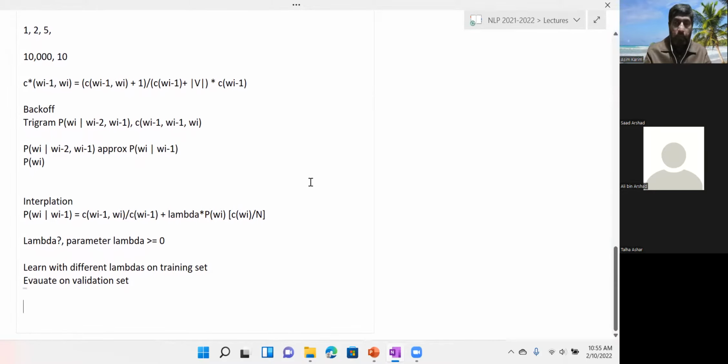When I say evaluate, we're evaluating the language model. For language model evaluation, if it's intrinsic, it is perplexity. So you will find for which lambda the perplexity is minimum on the validation set. You'll keep that as the selected value for lambda.